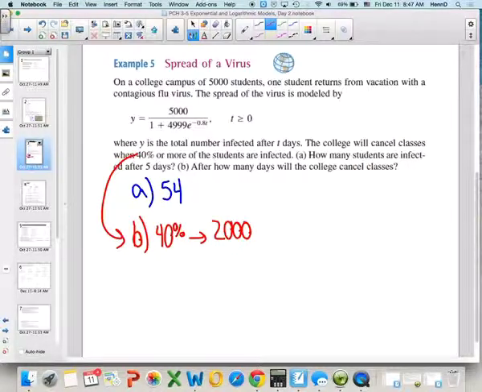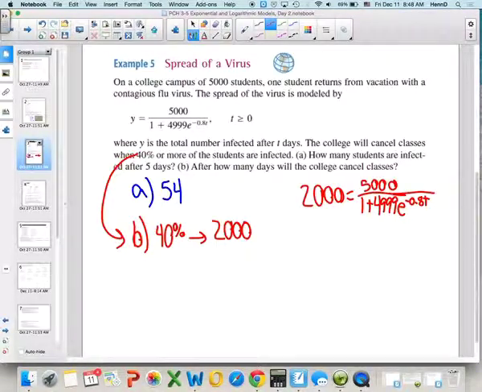And we can solve this one a couple of different ways. We can actually do 2,000 equals 5,000 over 1 plus 4999 e to the negative 0.8t. Isn't there a property where you can switch this?